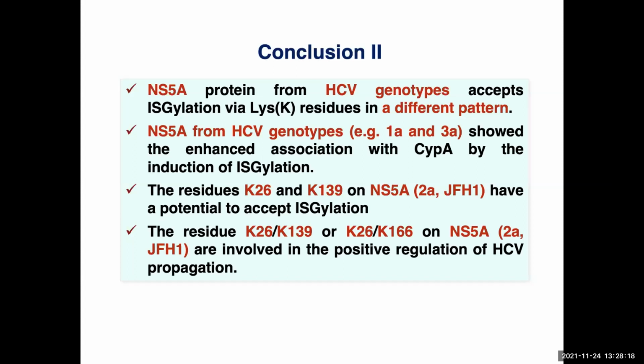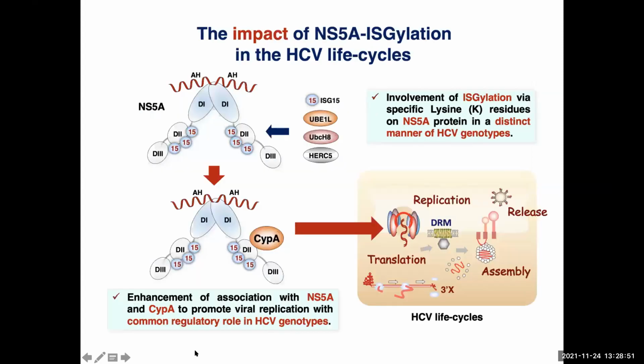And NS5A from these HCV genotypes also shows enhancement of the interaction between Sp.PA and NS5A when isolation is promoted. So in the case of genotype 2A, lysine 26 and lysine 139 accept isolation, and these are very important for HCV replication and propagation.